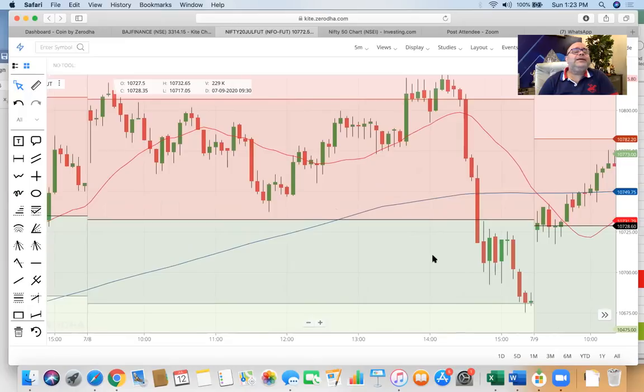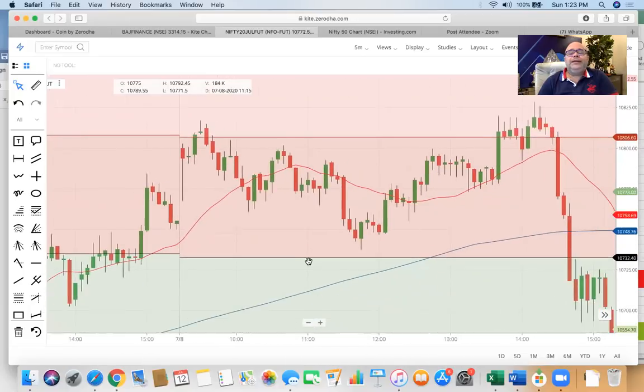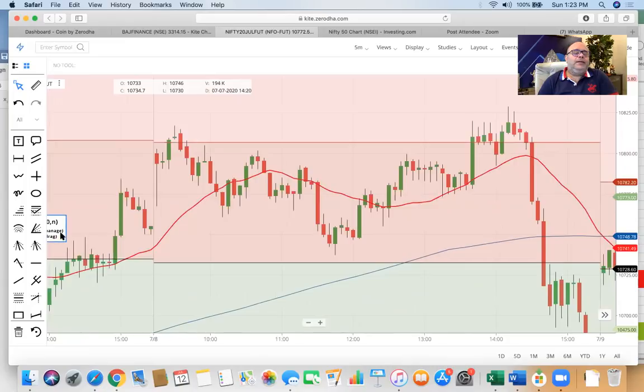Okay, now back here, what we are looking at is 8th of July. Let me show you two N patterns that I can figure out. So this is one, and this is the second one.